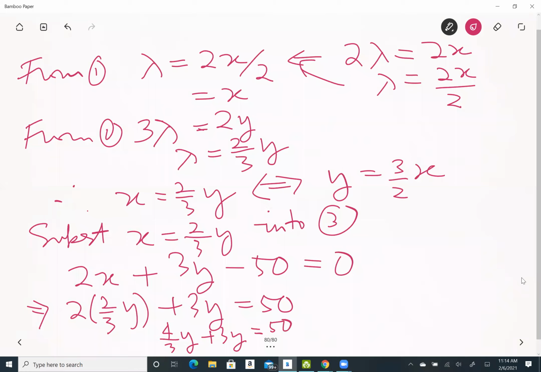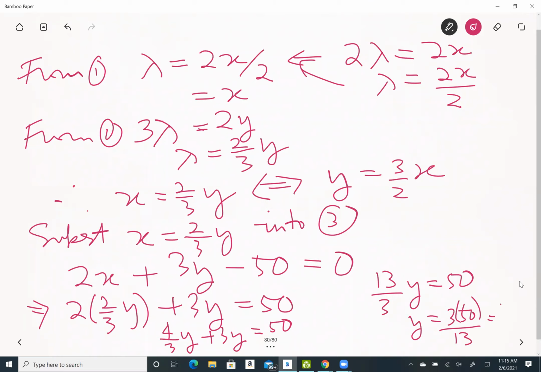Okay, so 4/3y, so you will have 3y, 9 plus 4, 13. So you got 13/3y equal 50, and y equal to 150 divided by 13. Berapa value dah? Okay, 150/13.